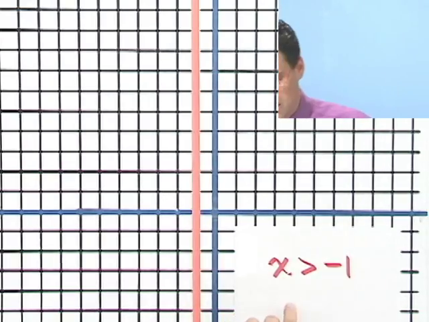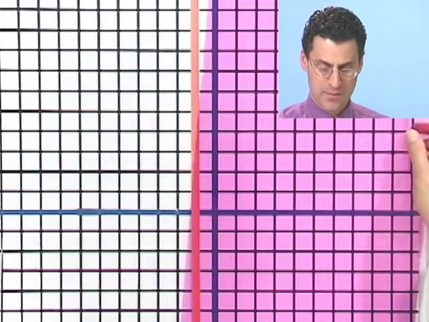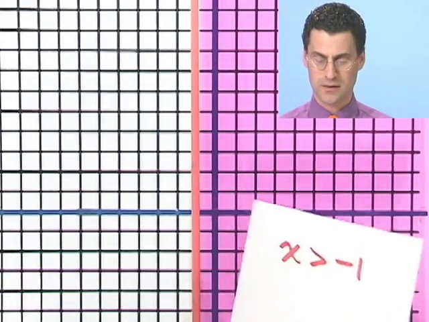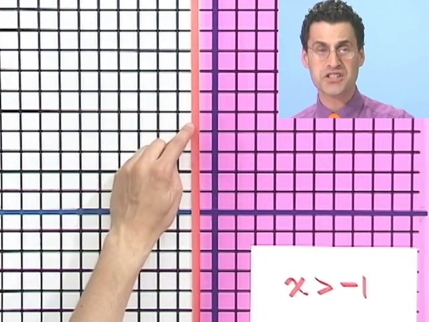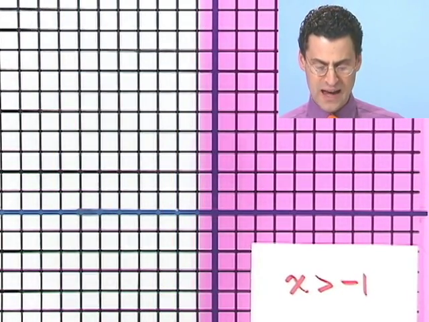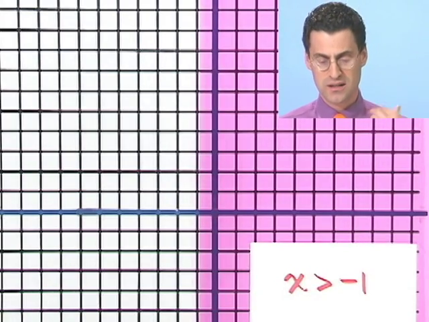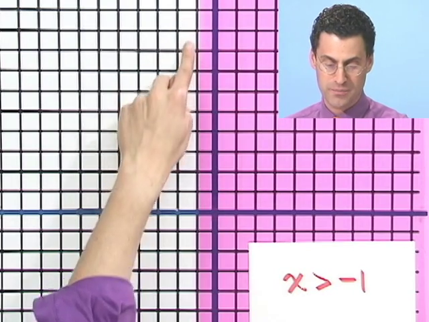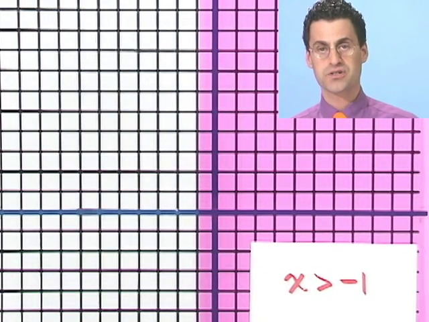So in fact, I'm going to shade in this region right here. But I want to actually remove that line. I can't talk about that line. I can only inch up to it. So in fact, the region that's strictly to the right of x equals negative 1, but not including that line, would be the solution to this.